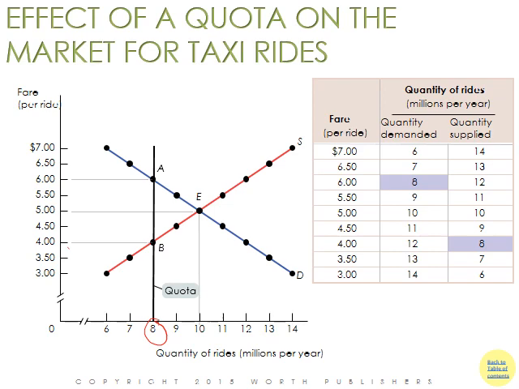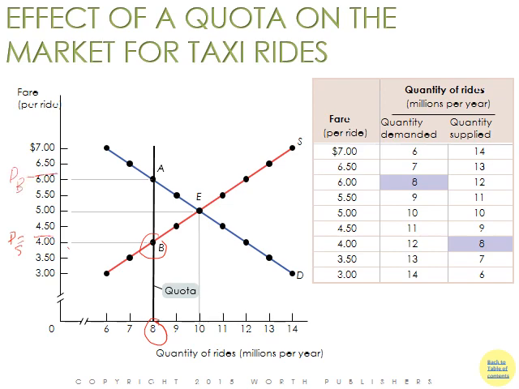And you can see that at this quantity, some taxi companies would be willing to provide rides at a price of $4 a ride, but the price that buyers are willing to pay is $6 a ride.